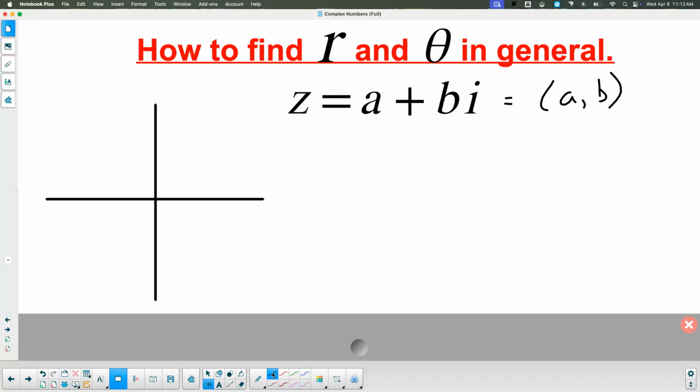So how would we find r then? Square root of a squared plus b squared. Okay? How would we find theta?